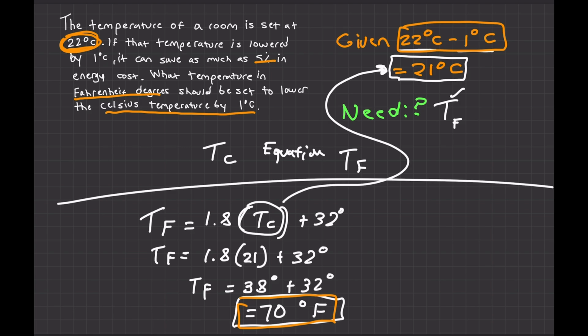Right? So now we are looking for what this would be in Fahrenheit. So we took our formula, we plugged in the 21, did our math, and we got 70 degrees Fahrenheit.